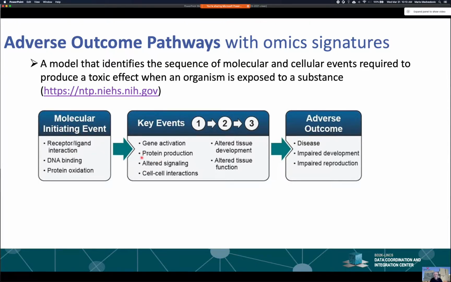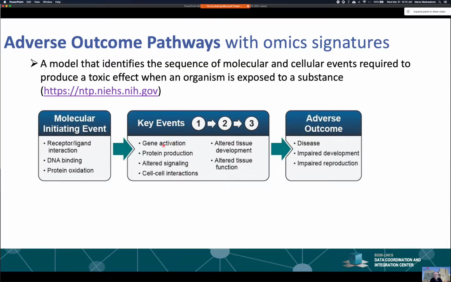This initial event then initiates a cascade of responses in the biological system that can lead to activation of different genes, production of corresponding proteins, altered signaling, cell-cell interaction, and so on.